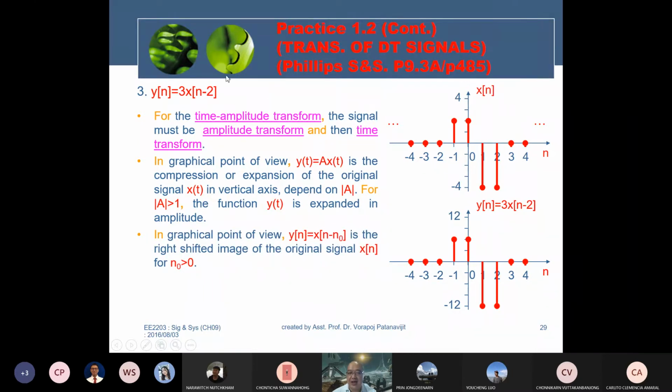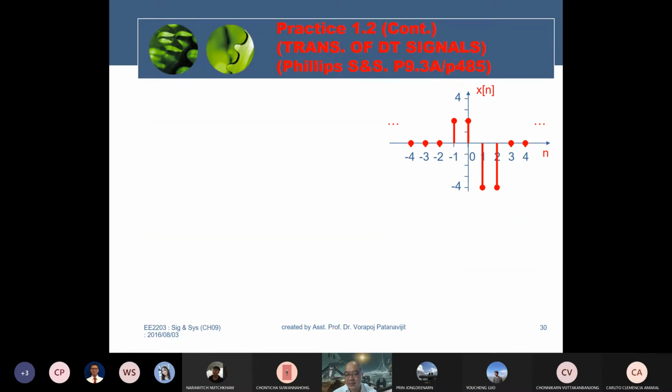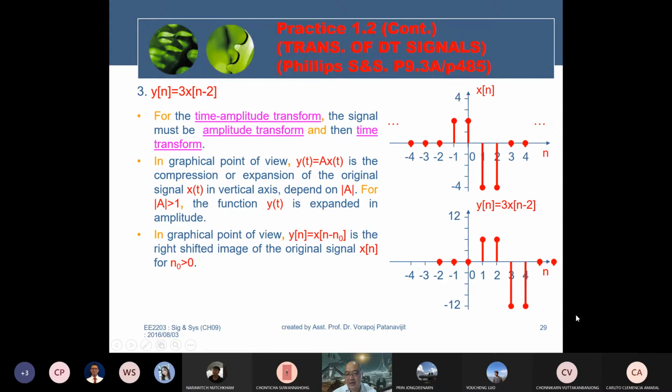Therefore, in this case, n0 equal to 2 is positive. In the graphical point of view, y[n] equal to x[n - n0] is the right shift image of the original signal x[n], for n0 greater than 0. You shift to the right. Okay, it's finished.